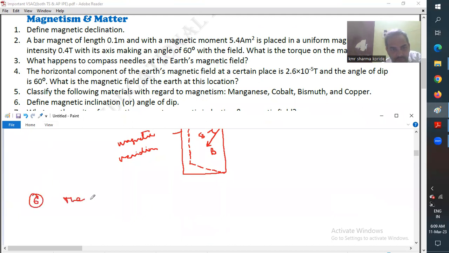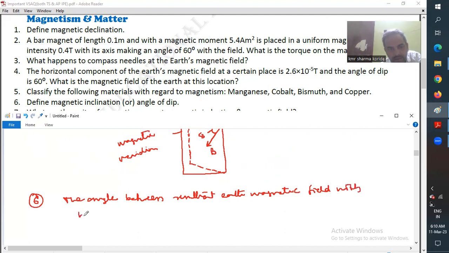It is the angle between the resultant earth magnetic field with the horizontal component of the earth magnetic field.